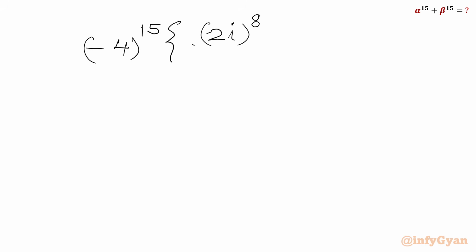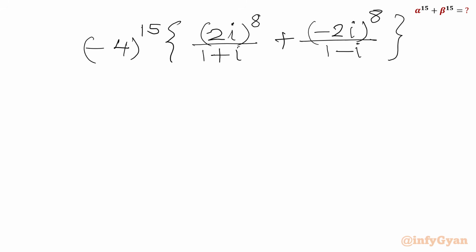Here I will write 2i whole power 8 over 1 plus i plus minus 2i whole power 8 over 1 minus i. Now I can take 2 power 8 common from here. So I will write minus 4 whole power 15 times 2 power 8.